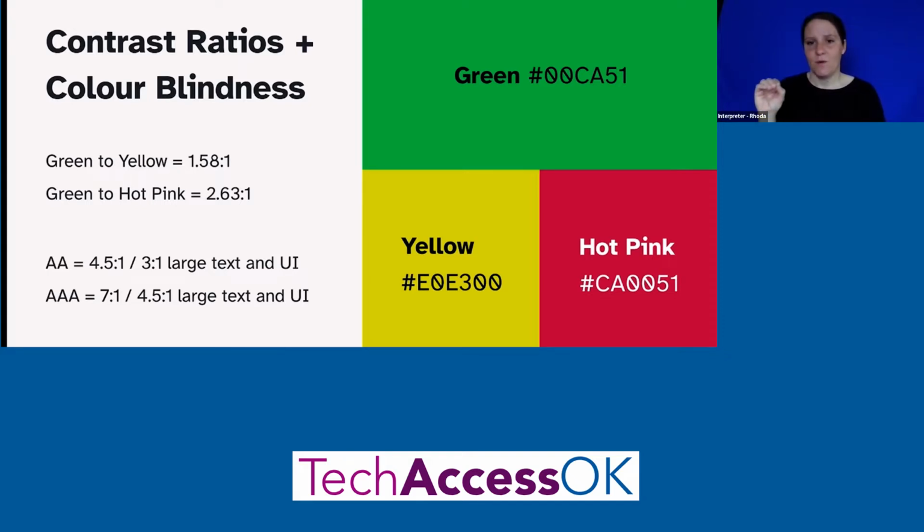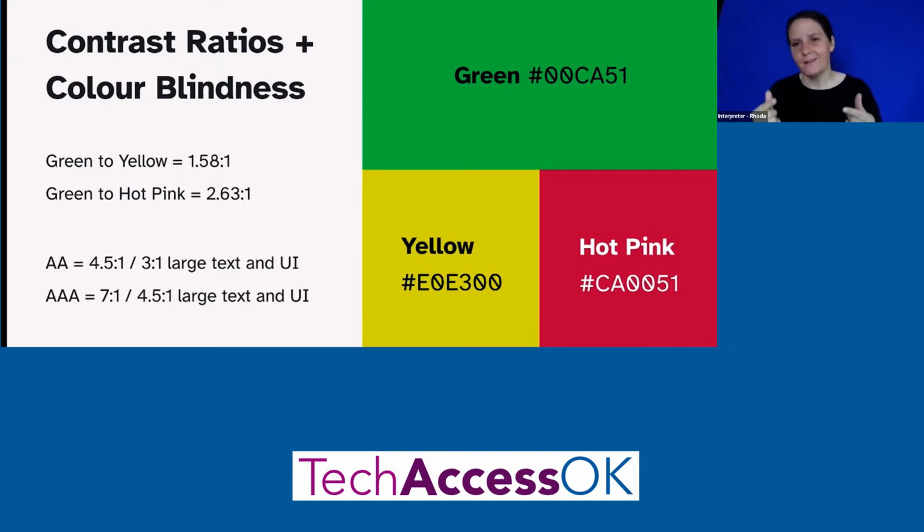And then hot pink, which is what we used for the body text, with a hex code of CA0051. When I applied these codes to the WebAIM contrast checker, green to yellow, it failed with a contrast ratio of 1.58 to 1. And when I did green to hot pink, it failed with a contrast ratio of 2.63 to 1.